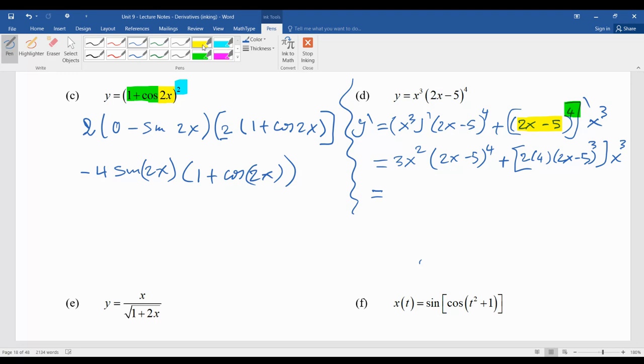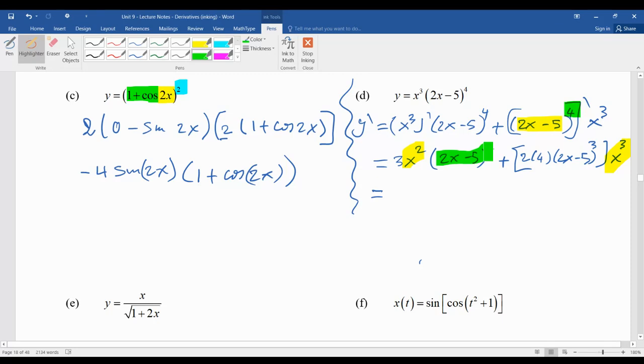factoring. So notice that the common factor between x squared and x cubed is x squared. And the common factor between 2x minus 5 to the fourth and 2x minus 5 to the third is 2x minus 5 to the third.